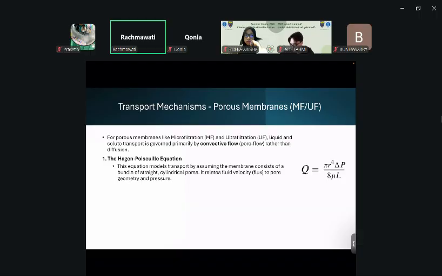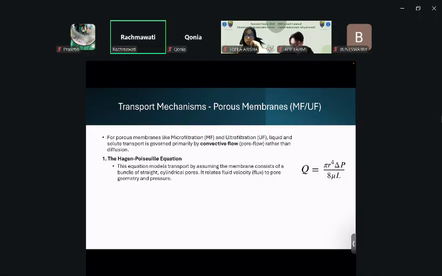Now there are equations which explain this. I will not explain the equations, just to show that there is a mathematical formula which supports the theory of transport in membranes. So the first one is the Hagen-Poiseuille equation. It assumes that the membrane consists of a bundle of straight cylindrical pores. Yeah?